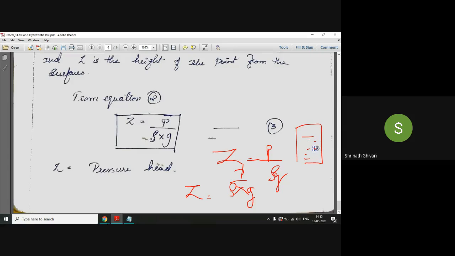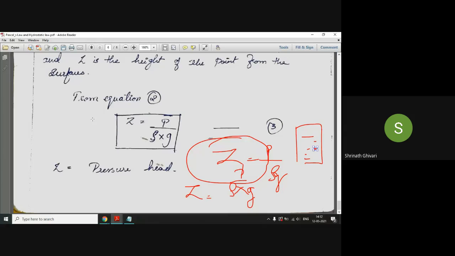So I can use this formula to find at what height the pressure is 3 bar. Understood this? Any doubts? No, sir. Fine.